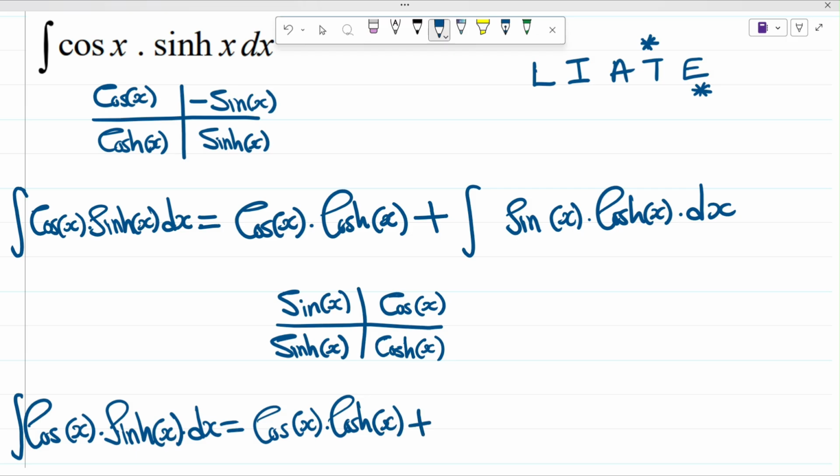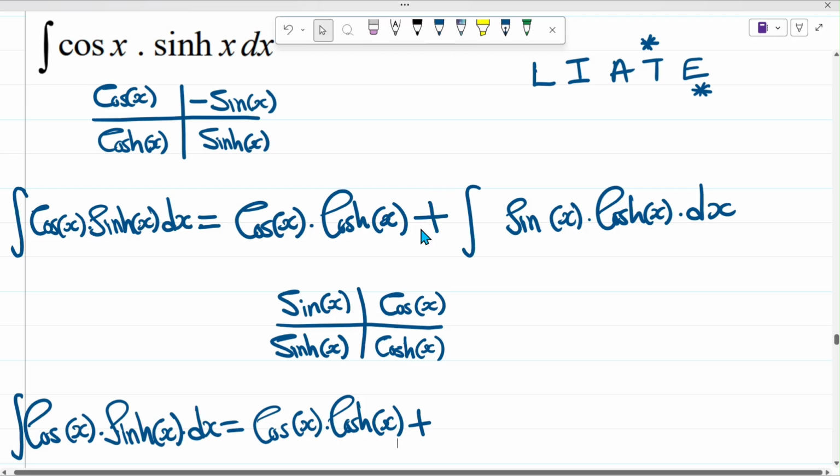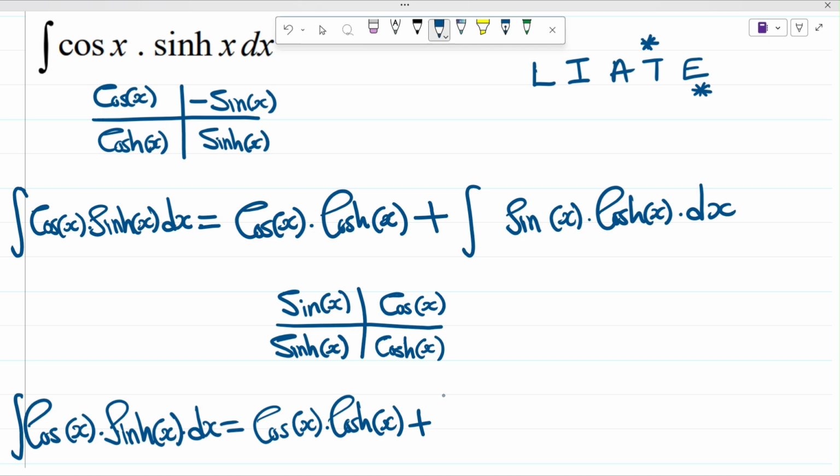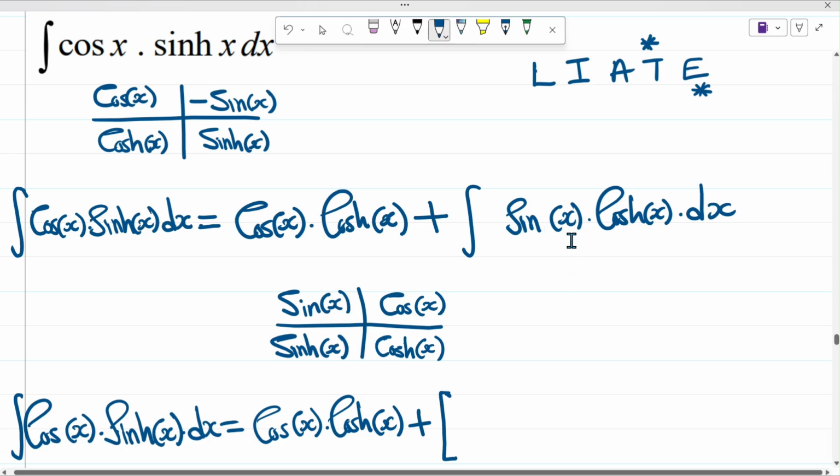Plus. This plus sign that I just wrote comes from here, right? I just copied that positive sign, and then after that I'm going to open the bracket.